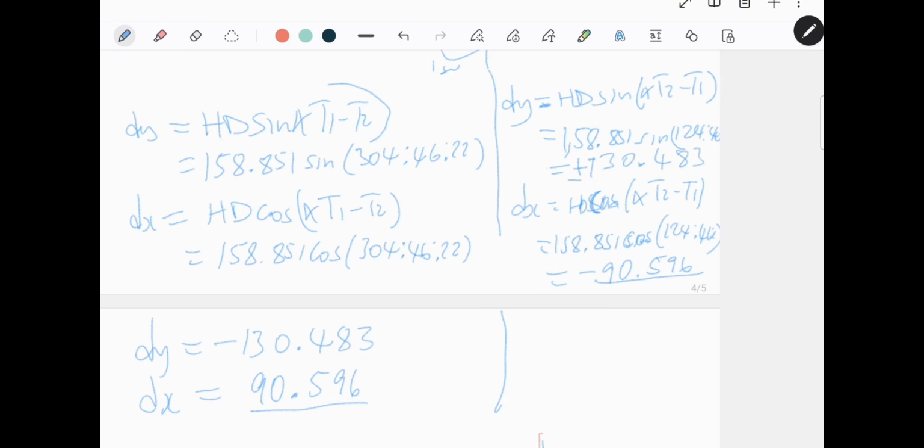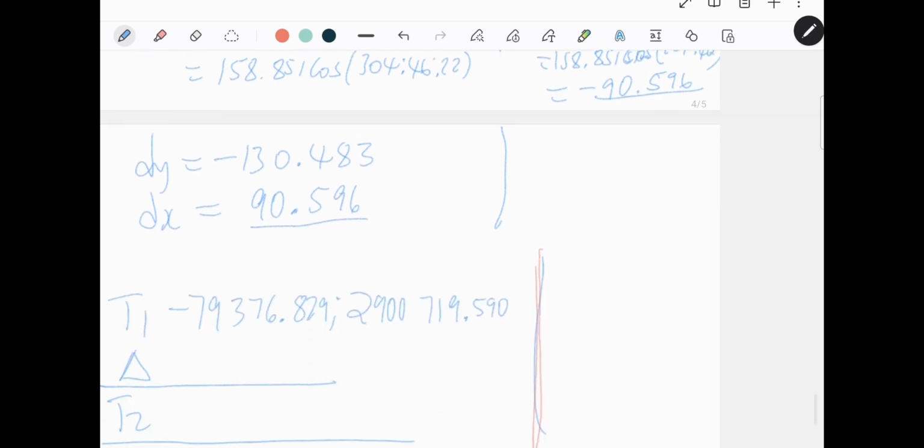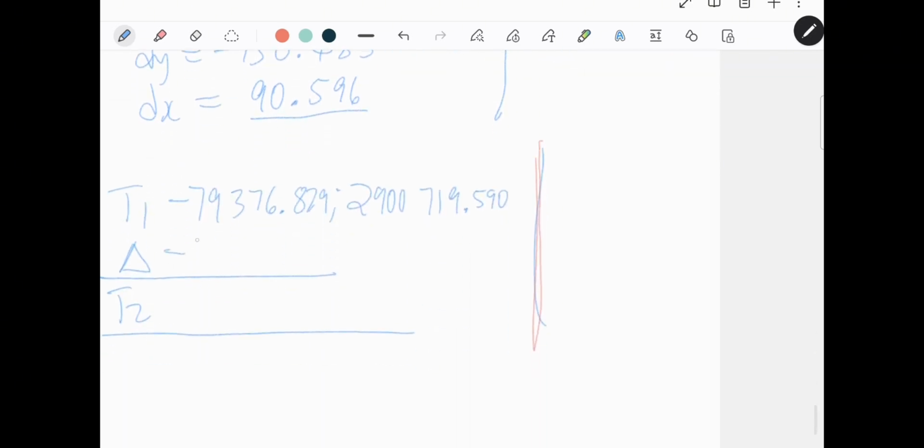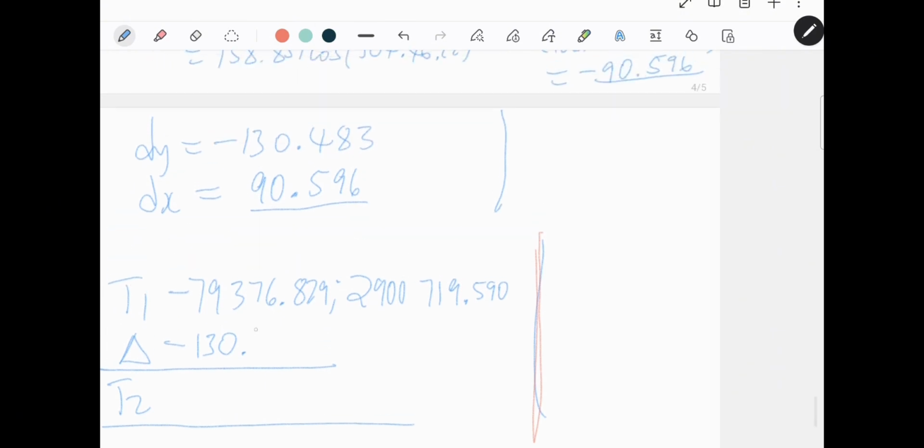So yeah, we should avoid these mistakes, guys. So let's see the y. The x, yeah, it's fine. So now for dy we got negative 130.483. For x we got 90.596.